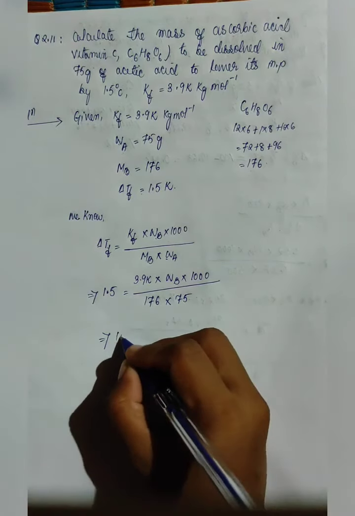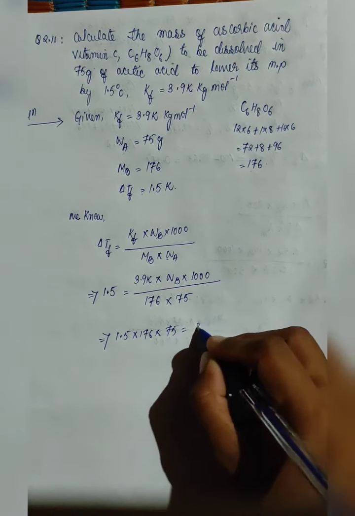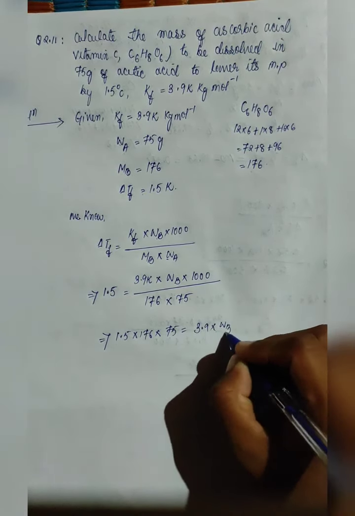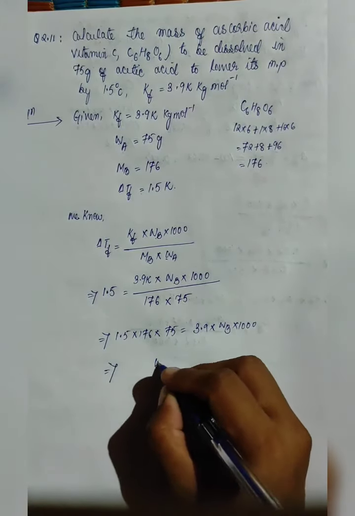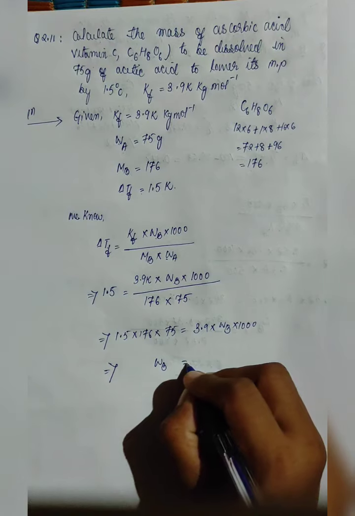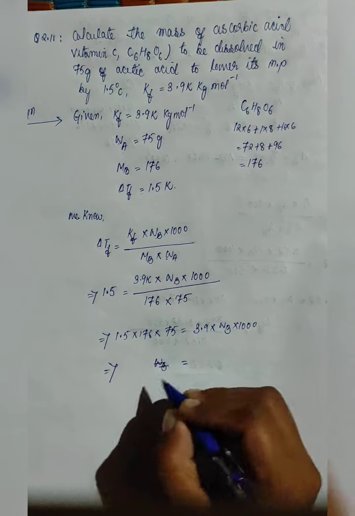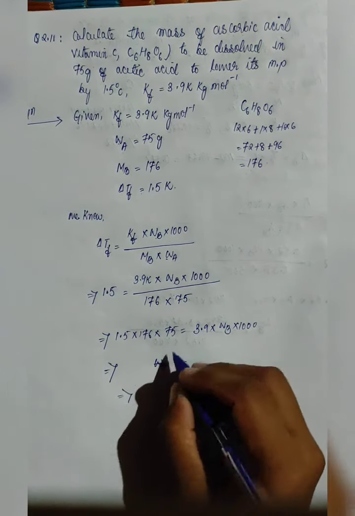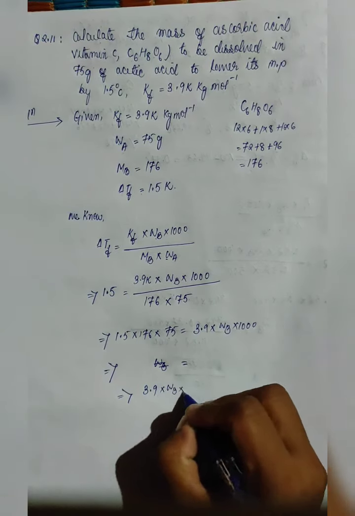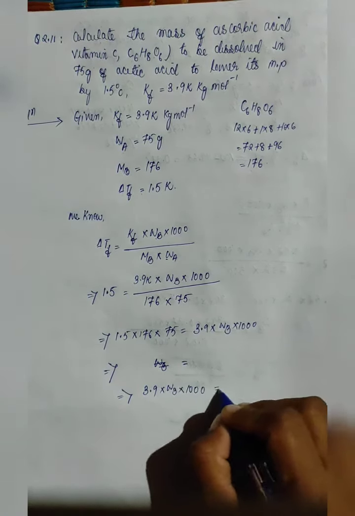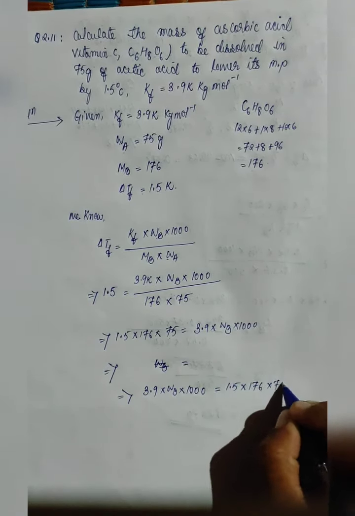So again, upon cross multiplication we will get 3.9 into Wb into 1000. So directly, upon cross multiplication, we can write, okay, let me do the step: 3.9 into Wb into 1000 equals 1.5 into 176 into 75.